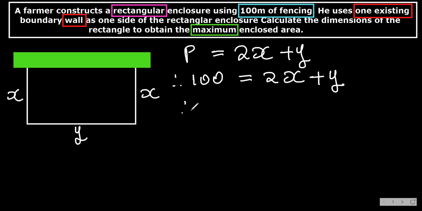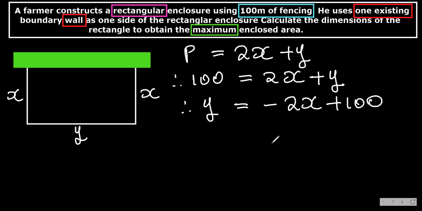And so when we now make y the subject of the formula, it will be negative 2x plus 100. Why do we need to make y the subject of the formula? Well, that's because we know that the area has to be in terms of one variable only. You can deal with it in terms of y or in terms of x. You decide.